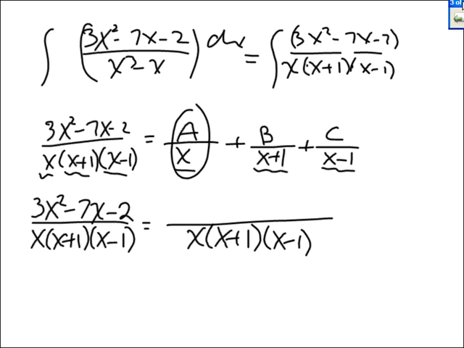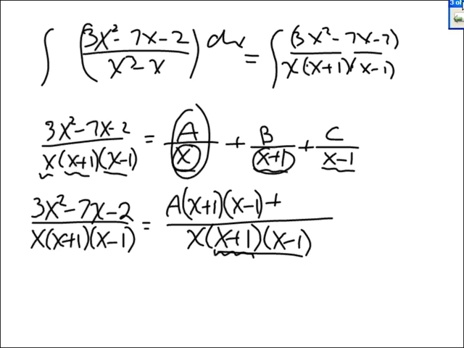I want to change the way that looks. I want it to have a different denominator. Well, if I multiply this denominator by that, I have to multiply the numerator by that. X plus 1 times x minus 1. I multiply by the missing factors. In the bottom, I have x plus 1 here.